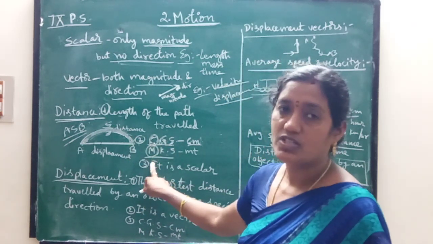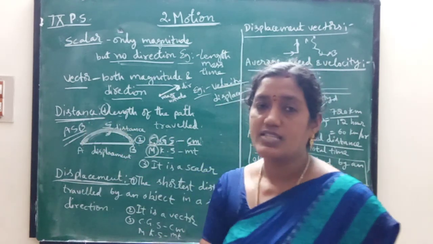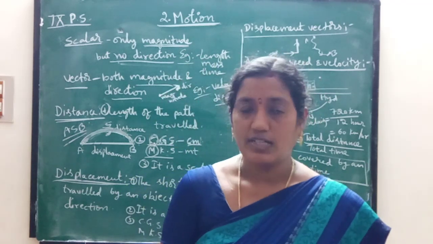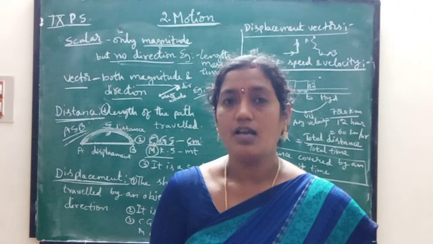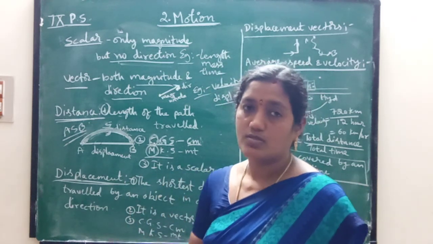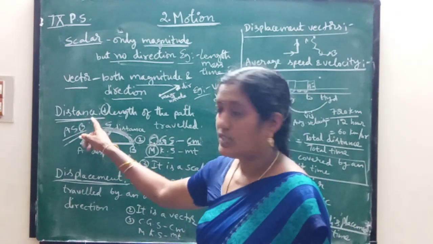So the unit of distance in the CGS system is centimeters and in the MKS system is meters. And I told you it is a scalar quantity because there is no direction. Okay, children, do you understand properly what is distance?